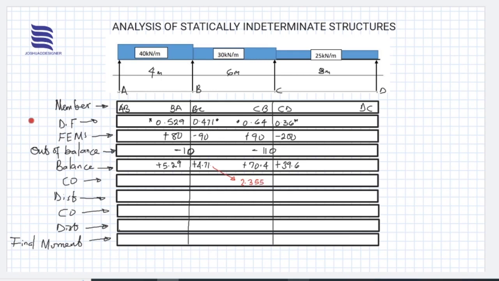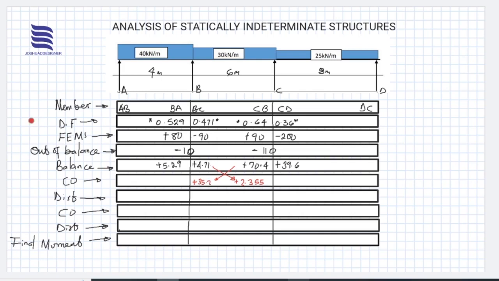So you're carrying over from this support down to the other support. We do the same for this also, this one's also plus, so we have plus 35.2. That's simply dividing these values by 2, right?